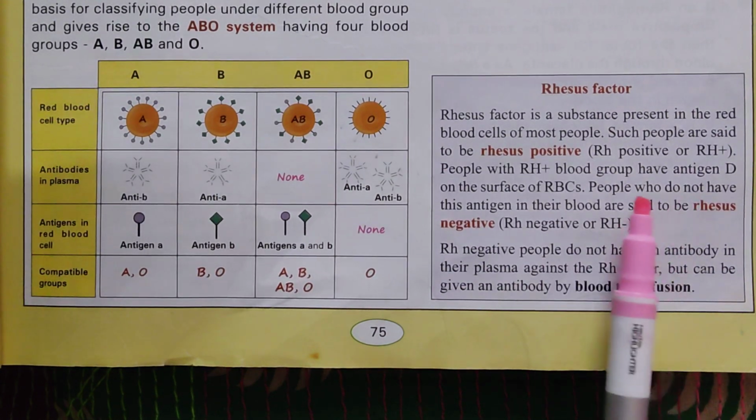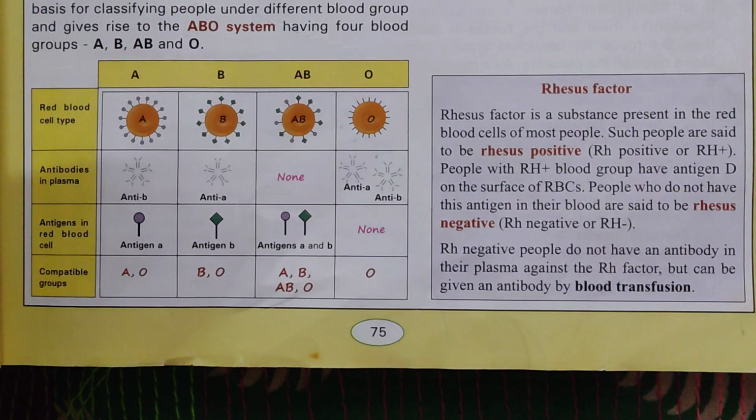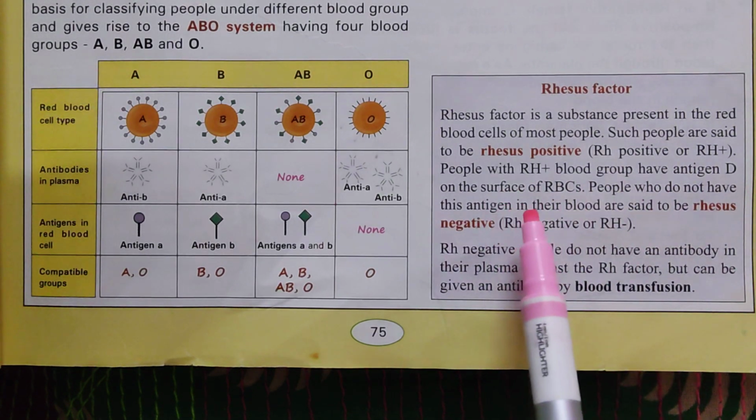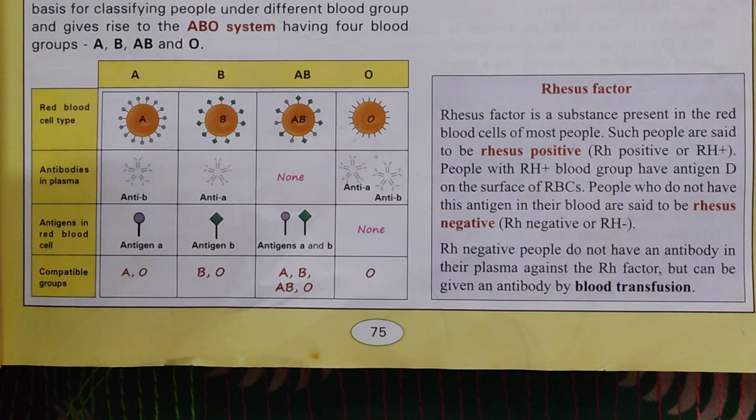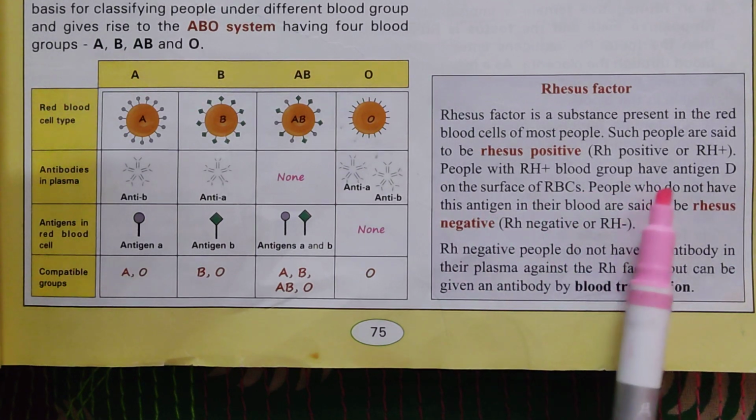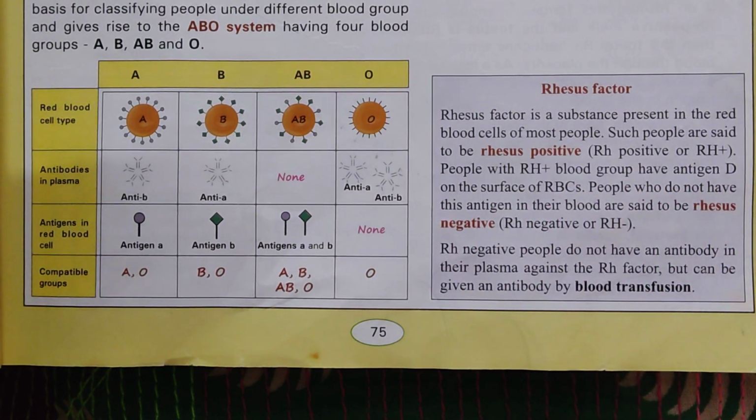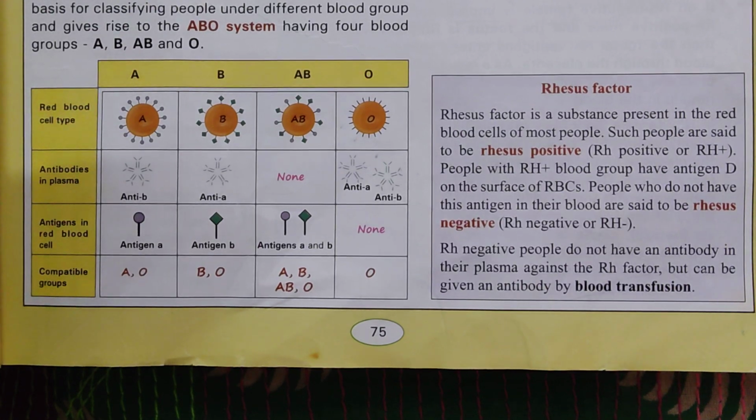Okay, now see, if a person is rhesus positive, then what will happen? People with RH positive blood group have antigen D. That means what? We had one antigen already which decided whether you'll have A, B, AB or O blood group.